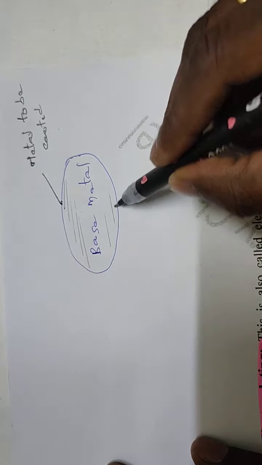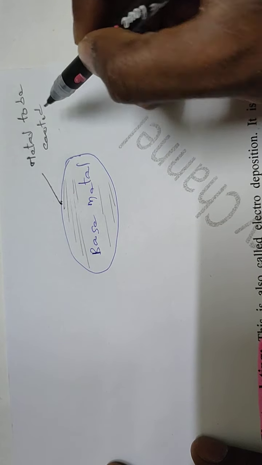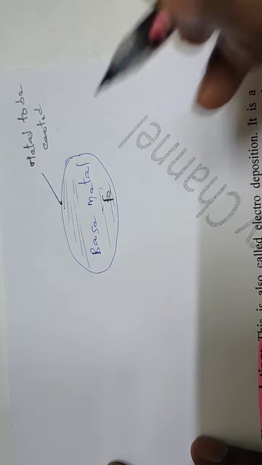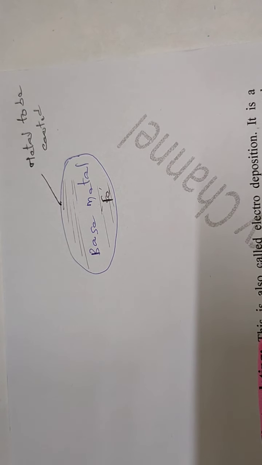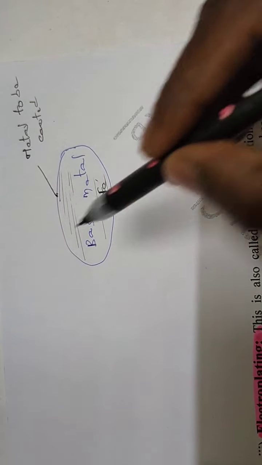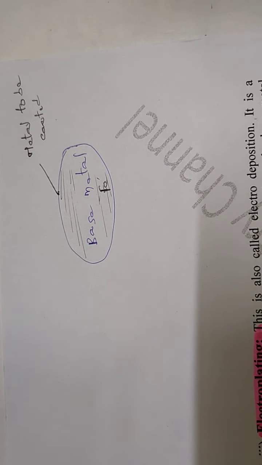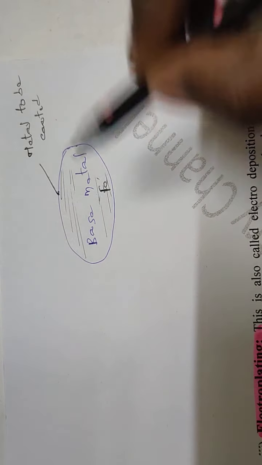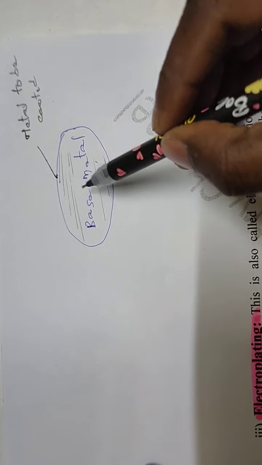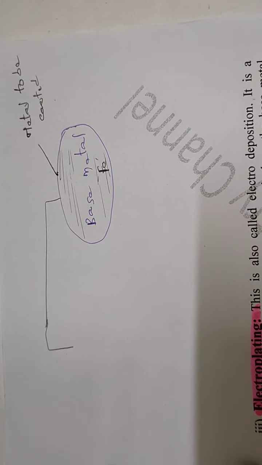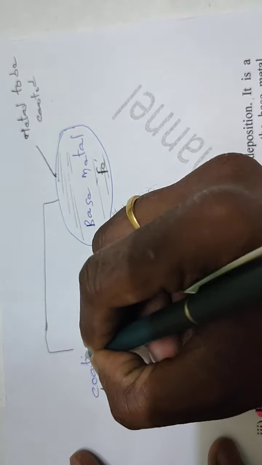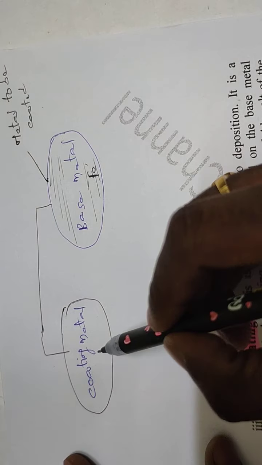If you want to coat this base metal, let us assume that it is an iron metal, with nickel or lead or any other metal, the condition is that this base metal is connected with a coating metal which is more active than the base metal, or it is an inert metal.